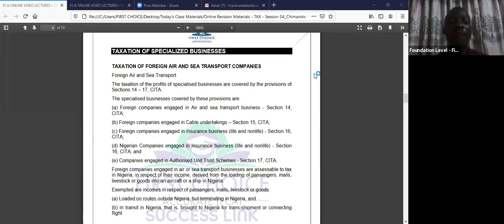Okay, then we have insurance businesses. So both Nigerian companies engaged in insurance and foreign companies. So all in all, insurance business is specialized business. Then we have authorized unit trust scheme.